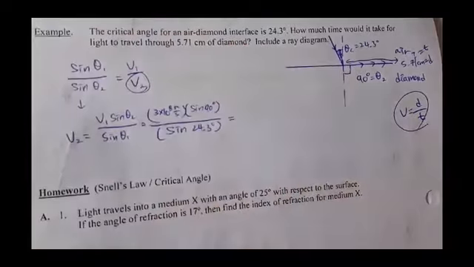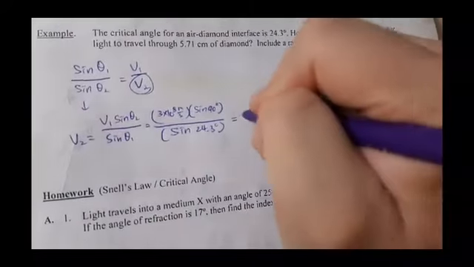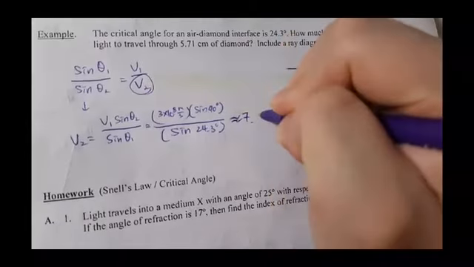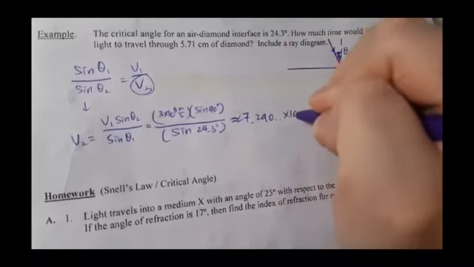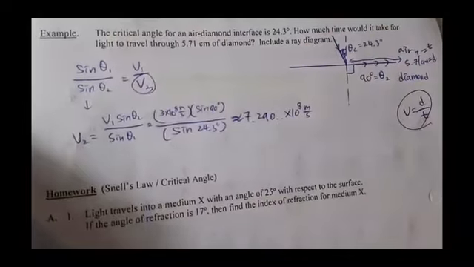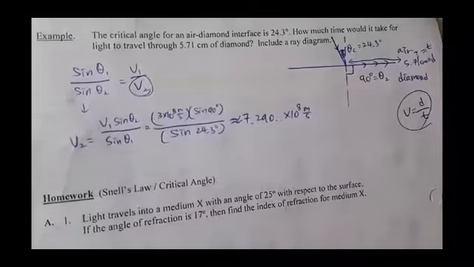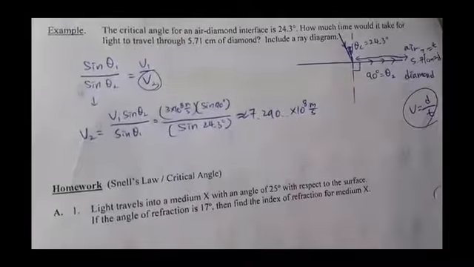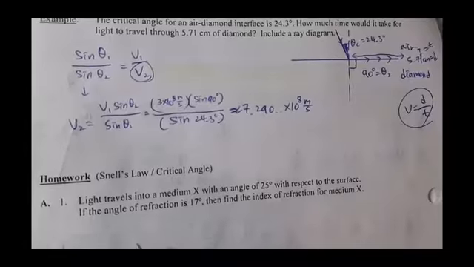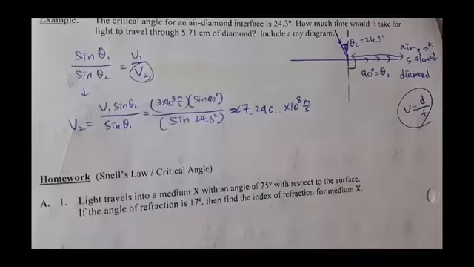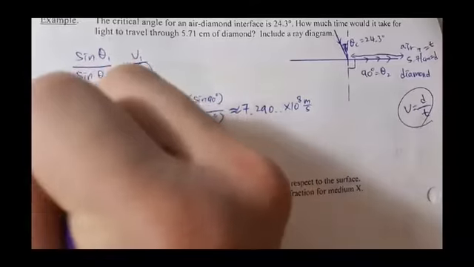I'm going to round it up a little bit. Sorry about me constantly hitting this gooseneck holder. It's 7.290 times 10 to the power of 8, somewhere over there. Again, keep the speed because you'll need to use it. That's my part number 1.